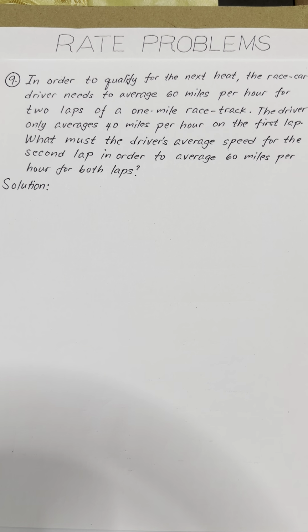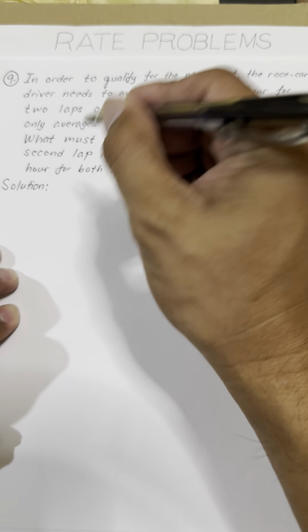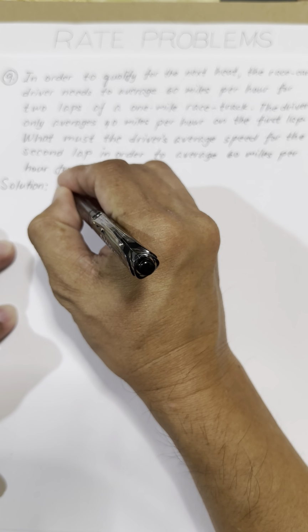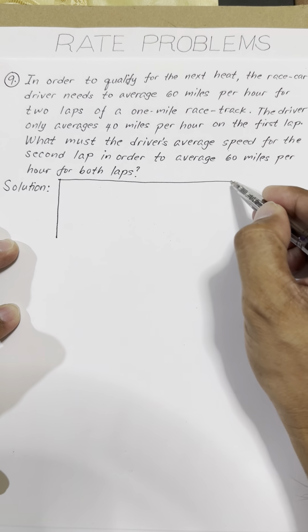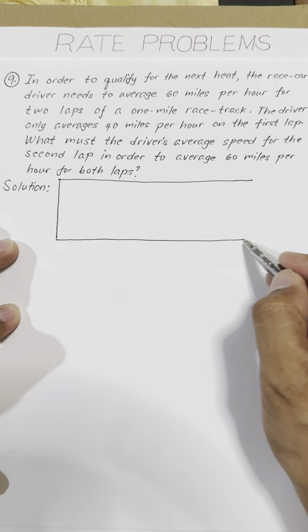So I will recommend to make a 4 by 4 table. Actually, it's not necessary, but as I mentioned in our other problems in this topic, it's very helpful to help us figure out how to solve the problem. Okay, so let's start solving this by drawing our table. I recommend to use a 4 by 4 table, 4 rows and 4 columns.